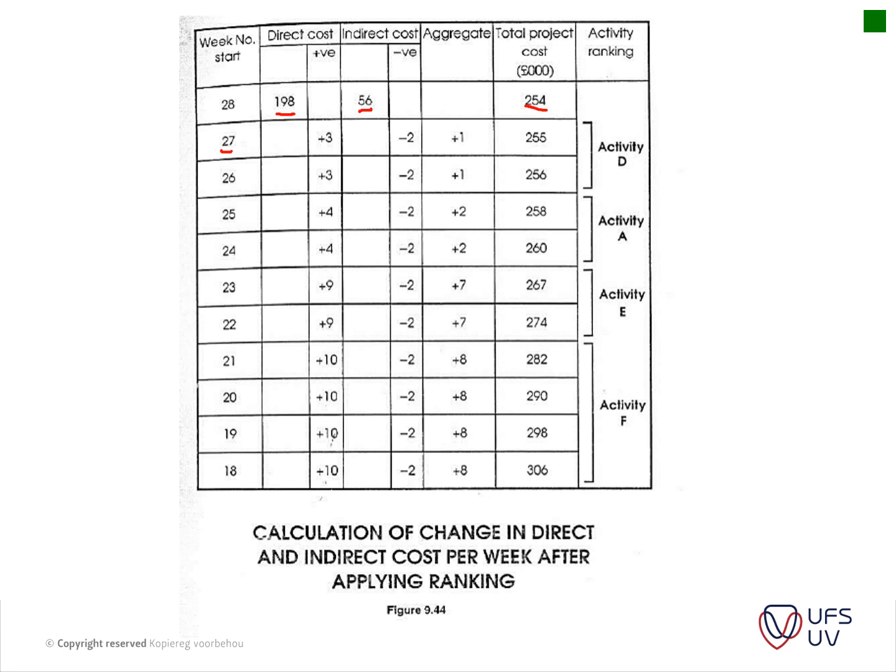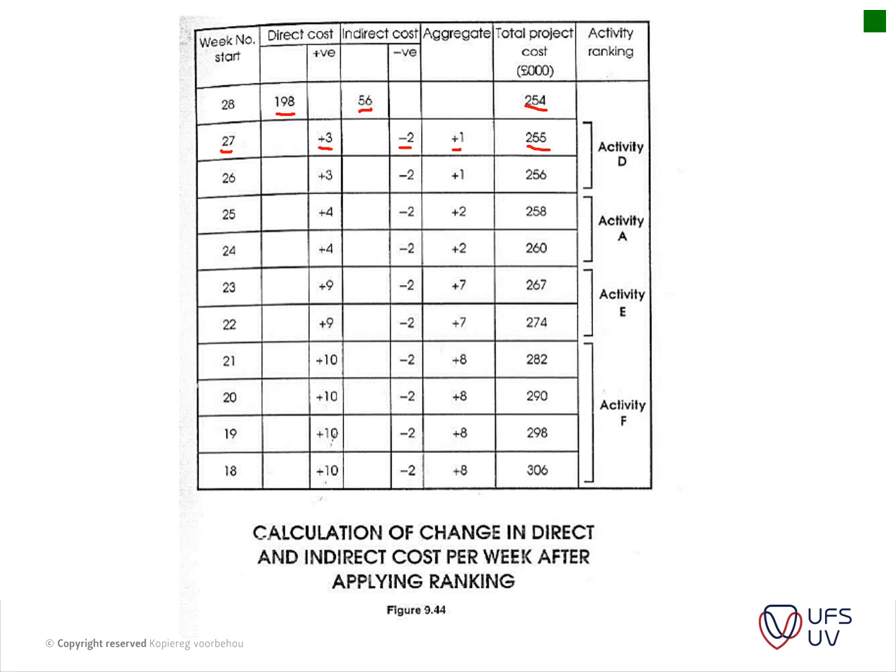It will add 3,000 pounds of direct costs to our project, and it will remove 2,000 indirect cost from our project. So aggregate cost is added of 1,000 pounds. So to decrease our project by 1 week, it will add 1,000 pounds.